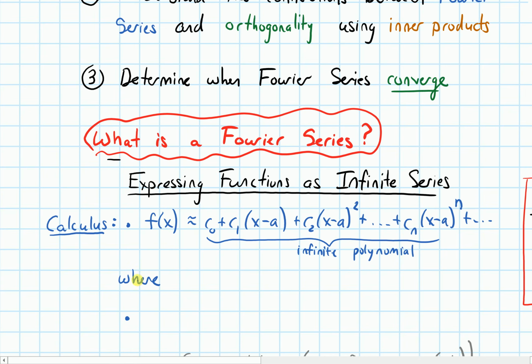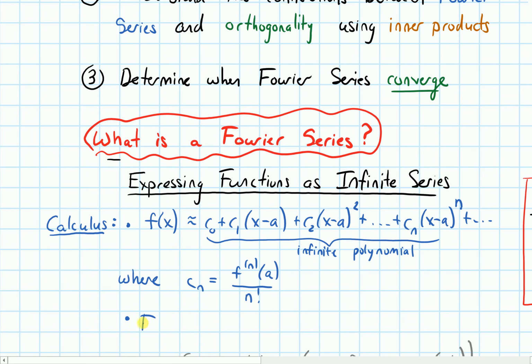So in calculus, you would have seen that the coefficients of this Taylor series, of this infinite polynomial, were given by Cn equals the nth derivative of f evaluated at a. So a here is a constant, and then all the c's are constants, divided by n factorial.